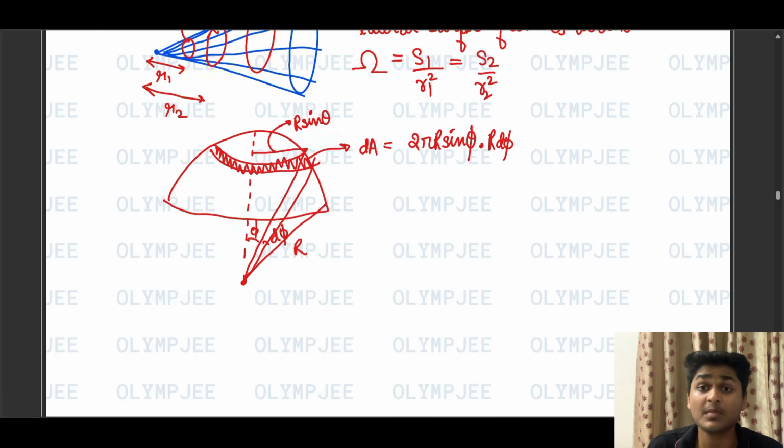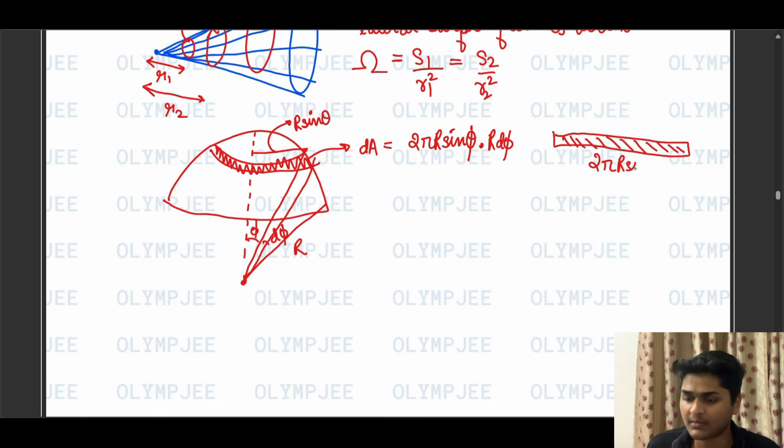This ring can be cut from somewhere here, and this can be converted into a rectangle, right? And we know that the circumference will become the length of this rectangle, which is 2 pi r sine phi. And since the width is given as r d phi, this will be the area.